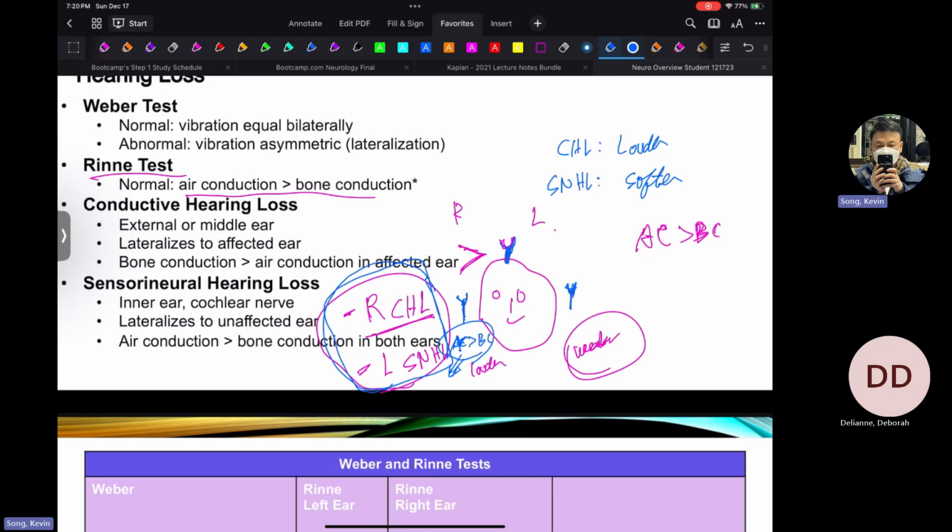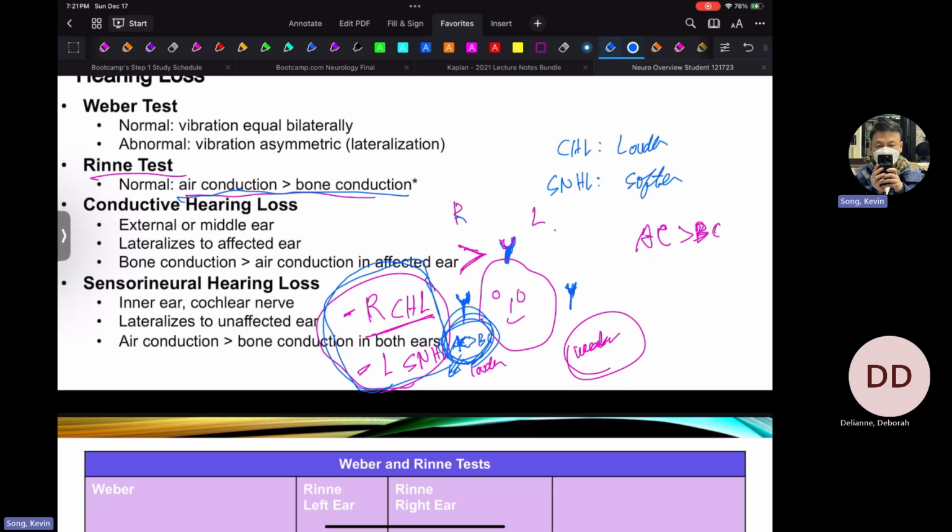But normally air conduction is supposed to last longer than bone conduction. On the right side, you see air conduction lasts longer than bone conduction. What does that mean? It means this part is normal, so the right side is normal.